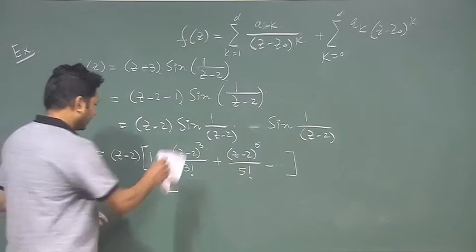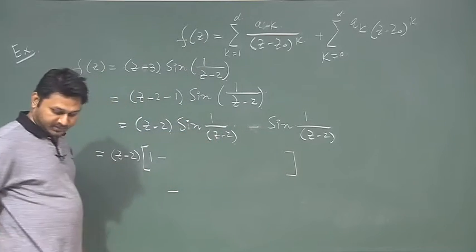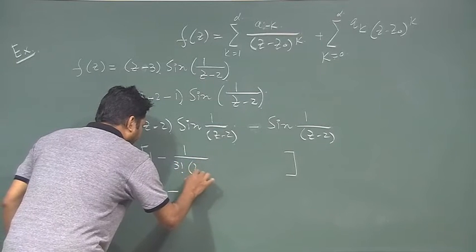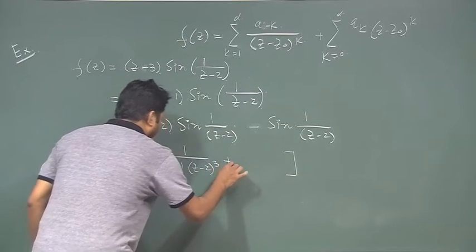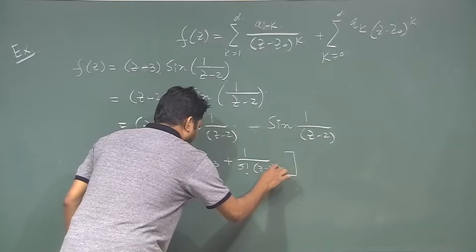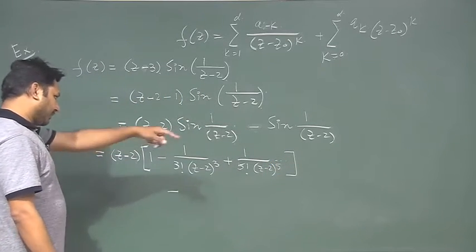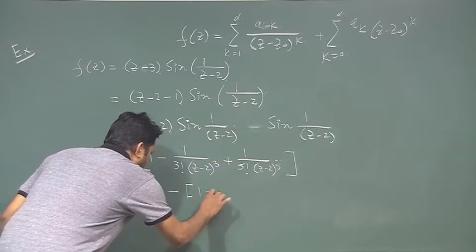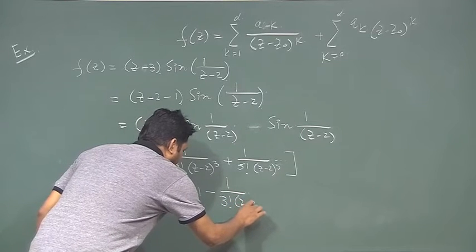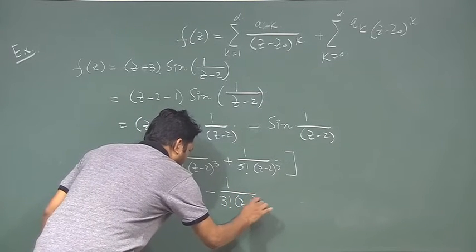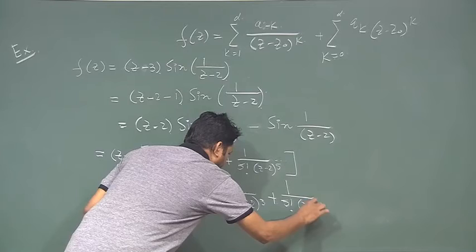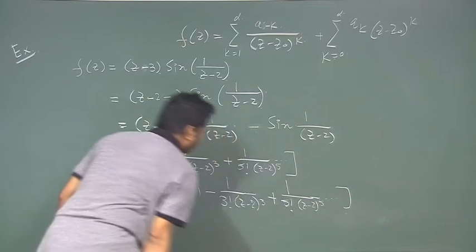Sorry, I am making one mistake, it is 1 by z minus 2. The next part is also represented like this, 1 by z minus 2 minus 1 by factorial 3 z minus 2 cube plus 1 by factorial 5 z minus 2 to the power 5 and so on.